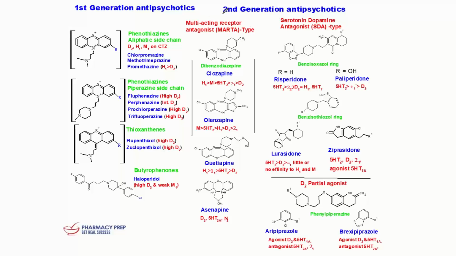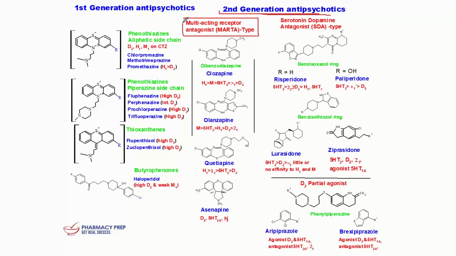The next one is about the second generation antipsychotic drugs. Among the second generation antipsychotic drugs, the new references are breaking down into various groups. Here I have divided into three groups in second generation.